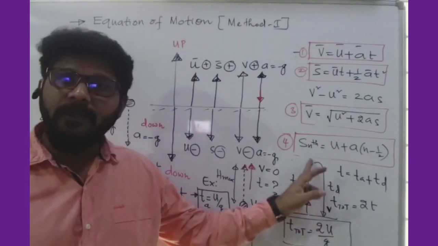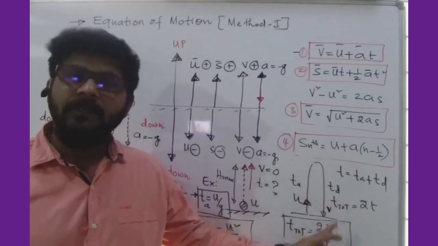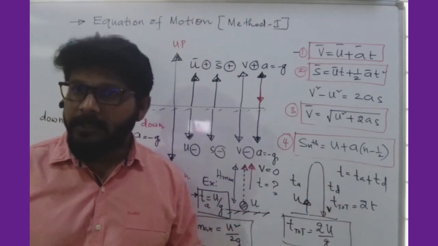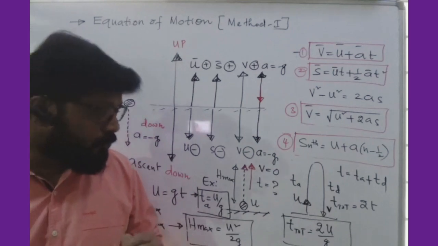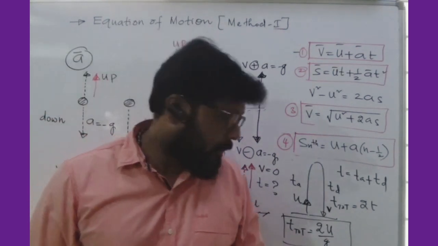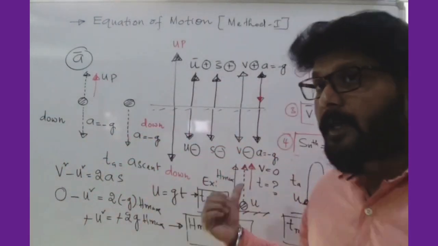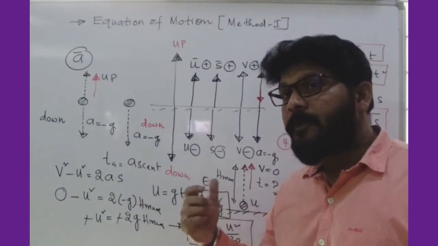For example, if I project with initial velocity 10 meters per second, it will touch the ground with 10 meters per second. The condition you have to remember is that there should not be any air friction.